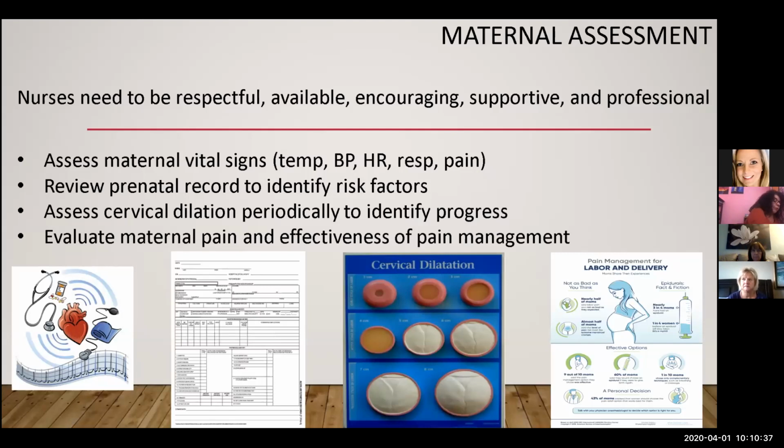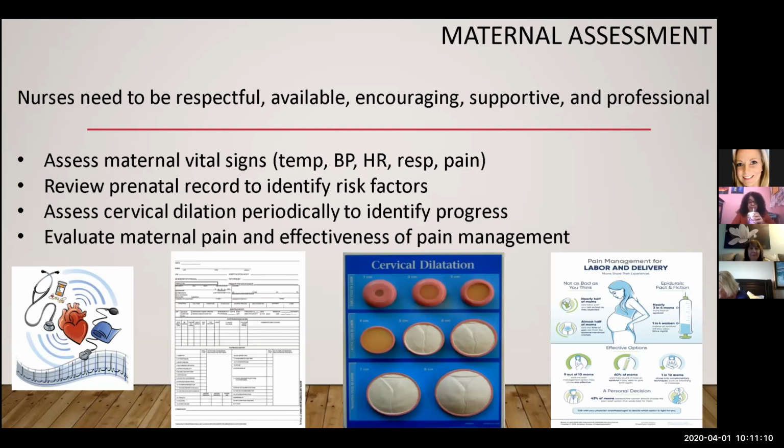At a certain point, though, especially after she's ruptured, we're going to back off on those cervical exams because we don't want to introduce any unnecessary bacteria into the birth canal. And then we're going to move our vaginal exams to when she's feeling pressure or pressure that doesn't go away. So we want to make sure that we're not unnecessarily checking. And they will ask multiple times, especially moms and grandmas in the room who will say, how dilated is she now?